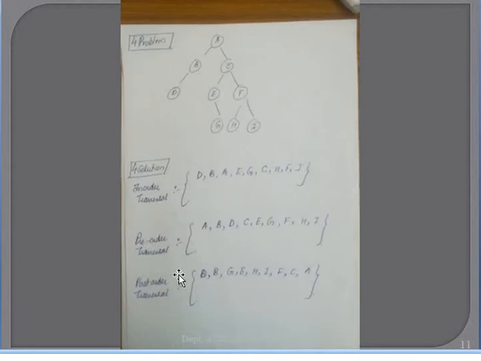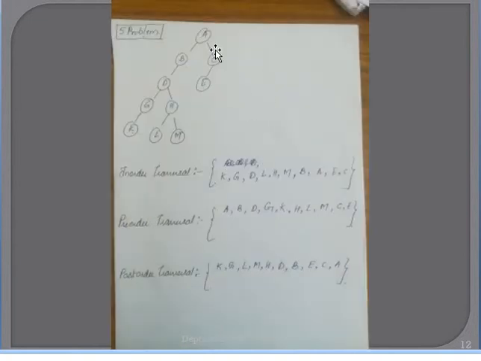If we are computing the post order of this problem, post order first is D, after that B, after that G, E, H, I, F, C and A. Even for this, if we are computing the pre-order traversal, in the pre-order first we are visiting the root node, left and the right child.